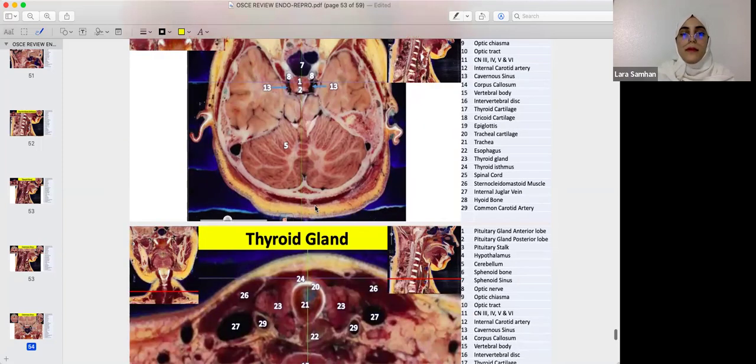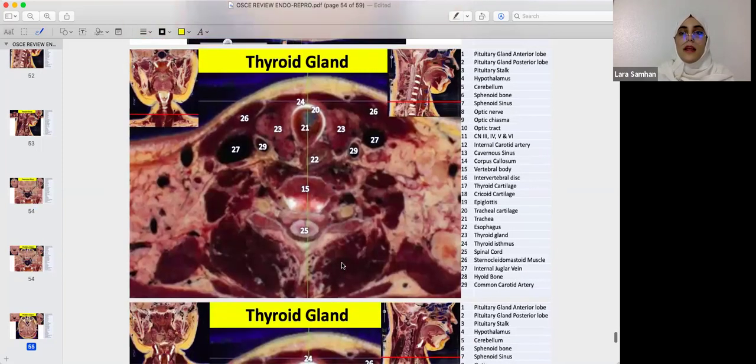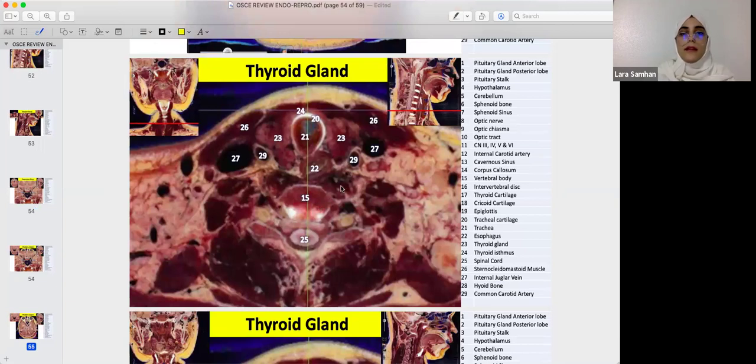So this is another section of the thyroid gland. As you can see here, number 21 is basically the trachea, and this is the tracheal ring. Number 20 is basically the tracheal ring. Number 23, the thing that encircles the trachea, is going to be the thyroid gland.